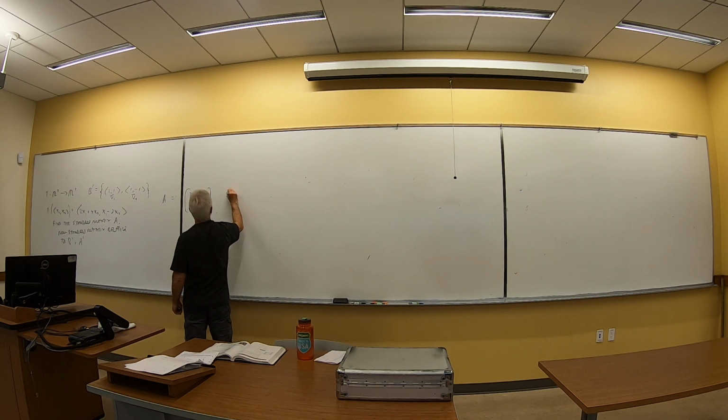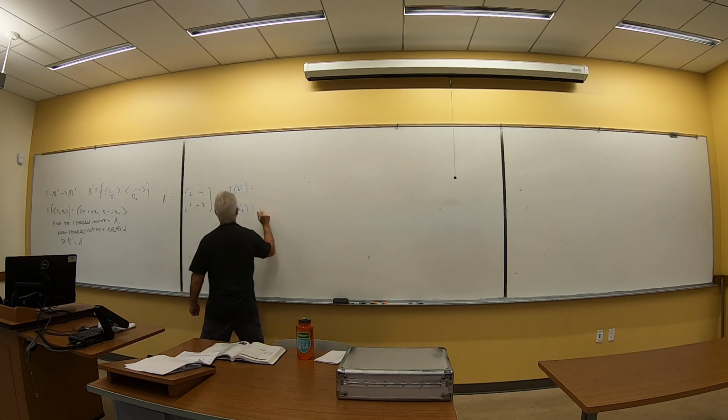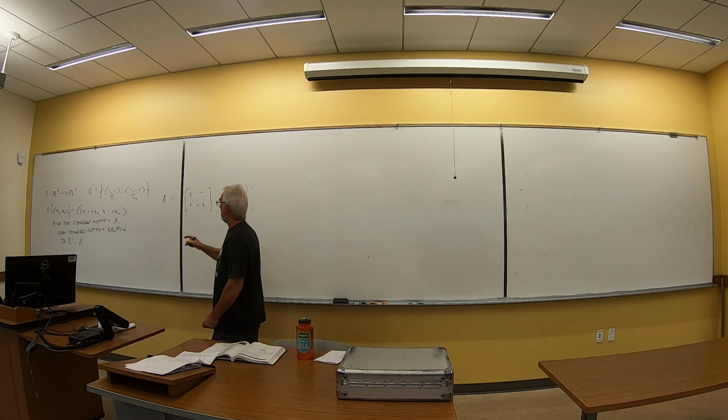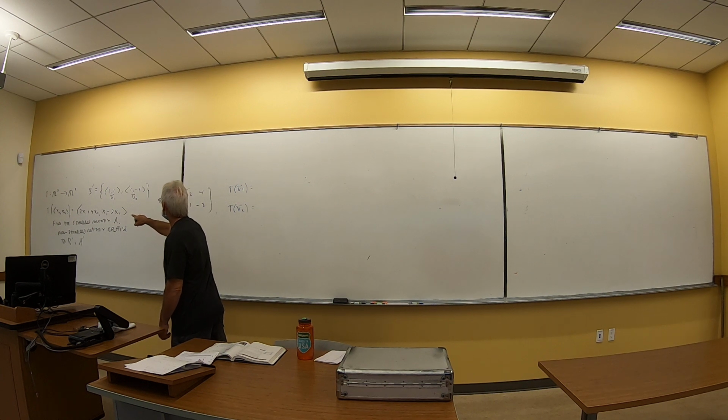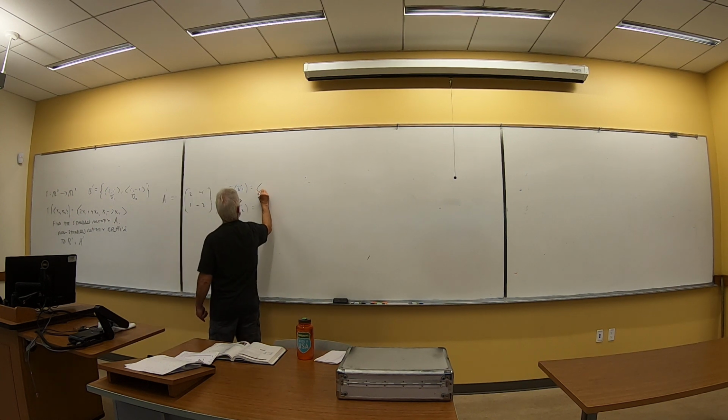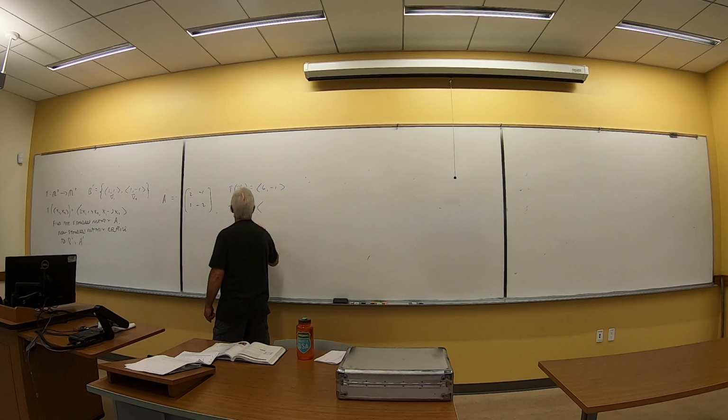So next thing we're going to do is find T of V1 and T of V2. Okay, so what's T of V1? 6, -1. What's T of V2? -2, 3.